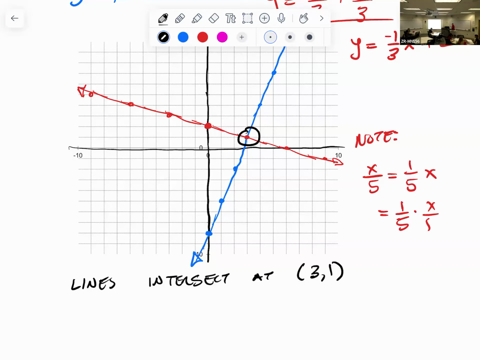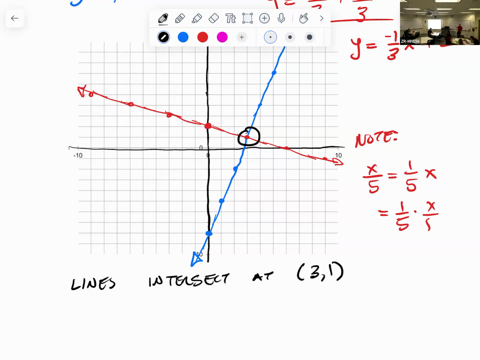Which is also why it's important, notice, that when we draw the lines, draw more than one point, because if I had just graphed one point, this one wouldn't even have touched this one. It doesn't even look like it intersects. Draw lines all the way through your graphs, it's not that hard, doesn't take that much longer. Nice, beautiful graphs.